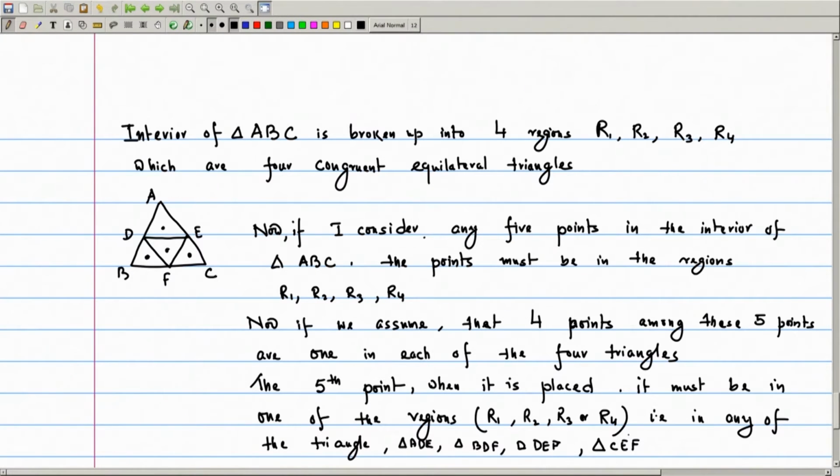That means one triangle must contain 2 points.